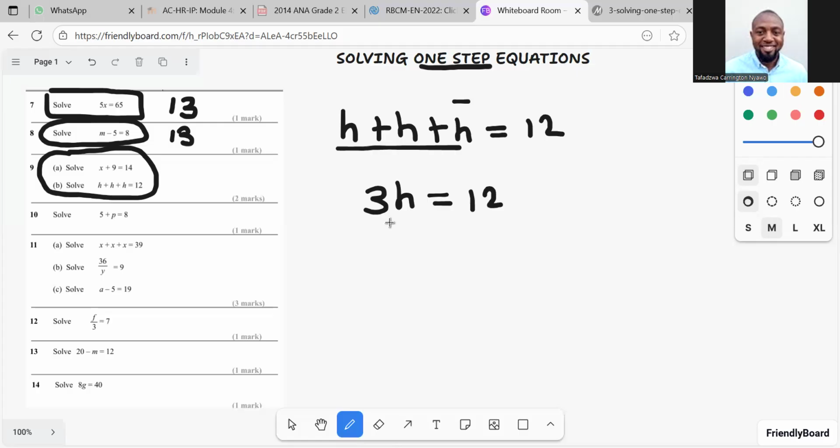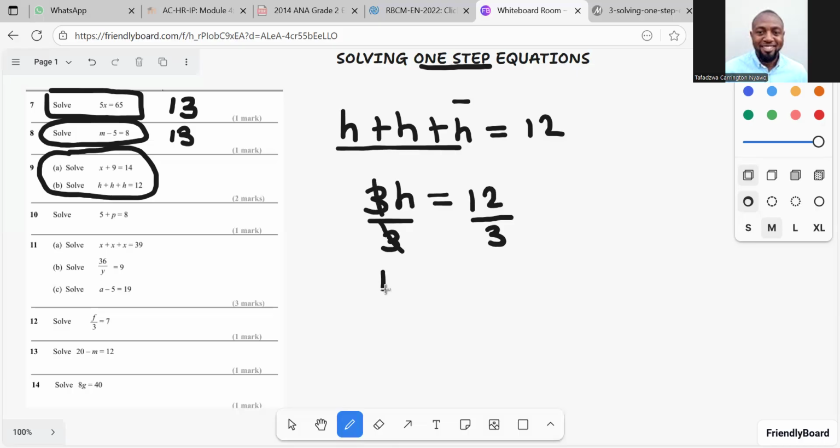So what do I do in order to remove the 3 from h? In order to make h the subject of formula, I divide here by 3. And what I do on the left is also what I do on the right. So I should also divide the right side by 3. So 3 and 3 cancel out.